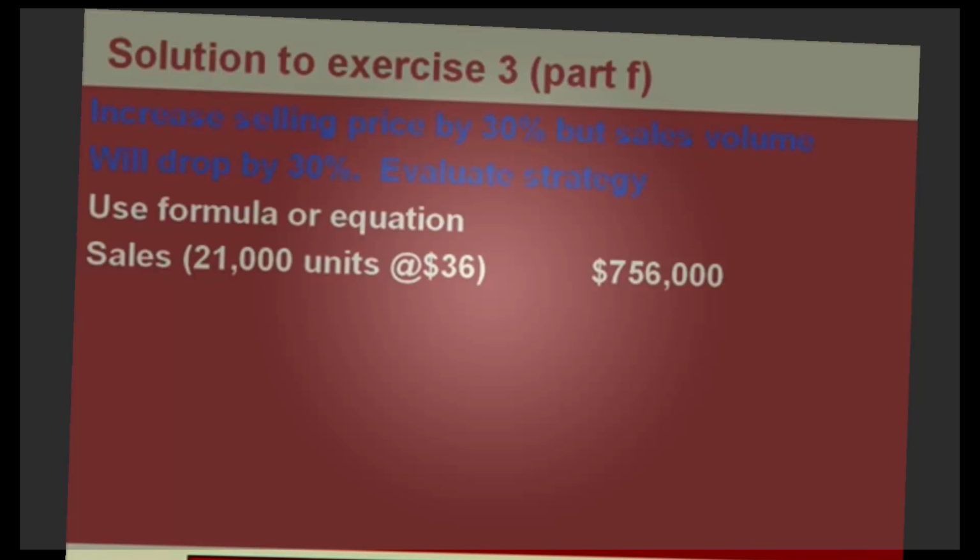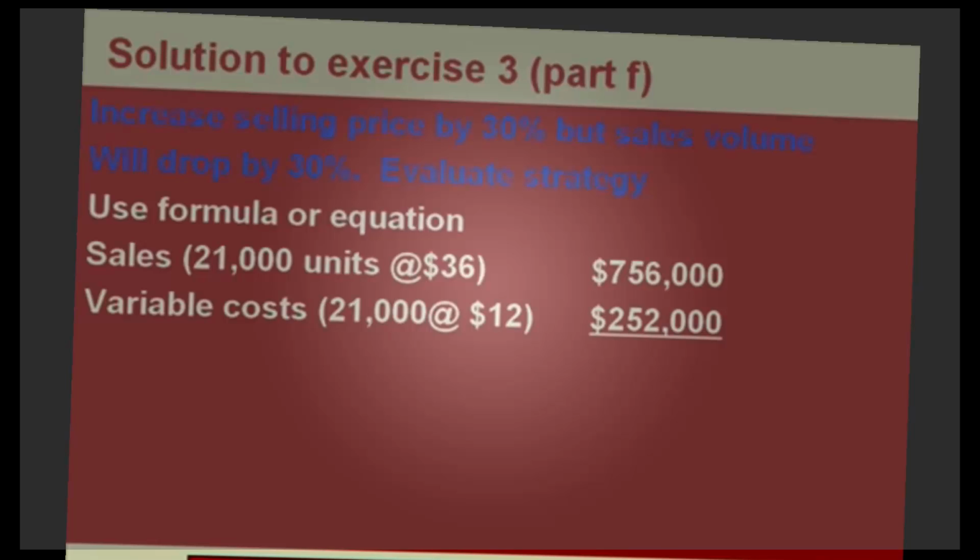The selling price, if you have to increase selling price by 20%, that was a question. Originally, it was $30. If you increase by 20%, it's $6. So the new selling price is $36. So the sales is 21,000 at 36, which is $756,000. Variable costs don't change. So 21,000 at $12, which is $252,000.